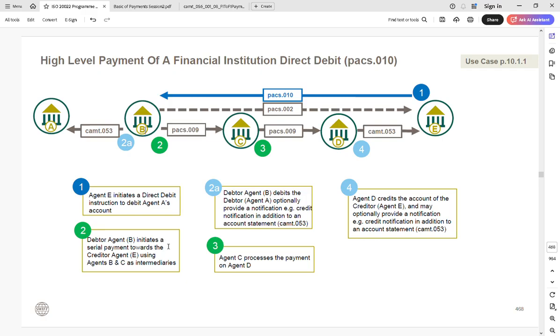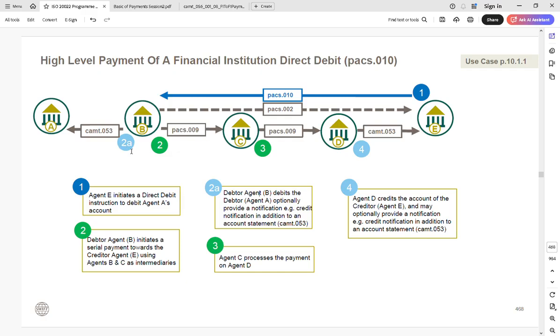Debtor agent B initiates a serial payment towards the creditor agent E, using agents B and C as intermediaries. So they first explain how the serial payment is happening, like this. So this is the old flow only.